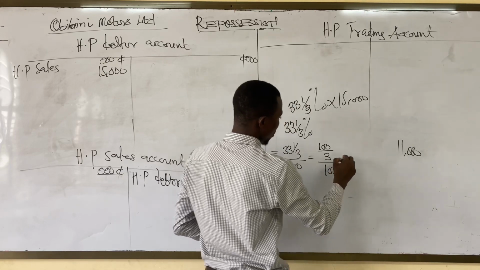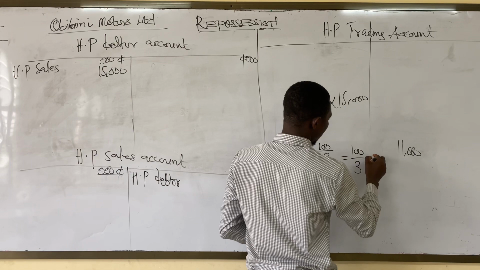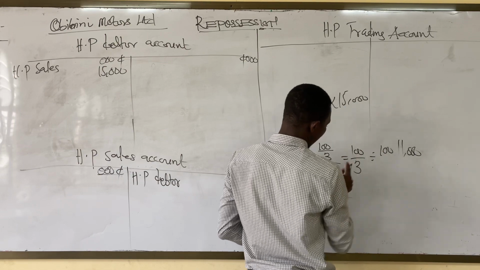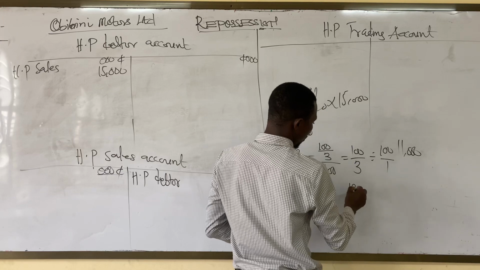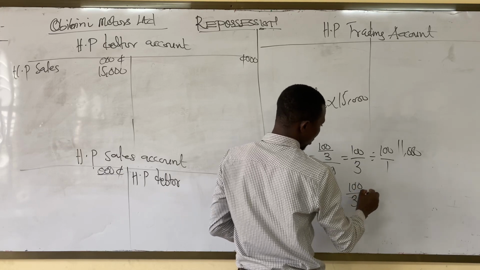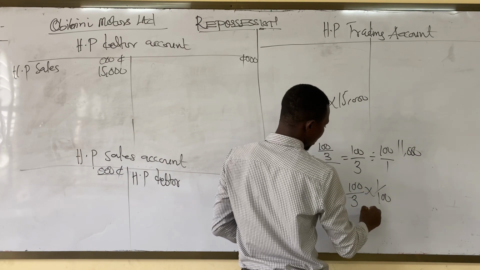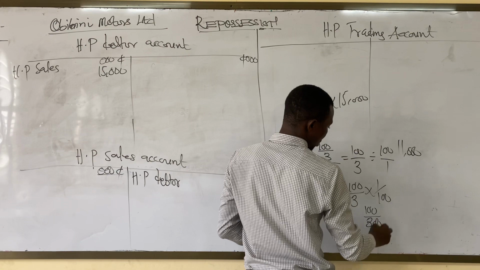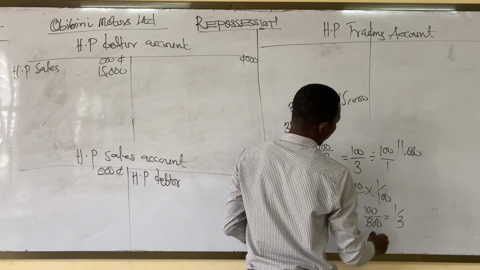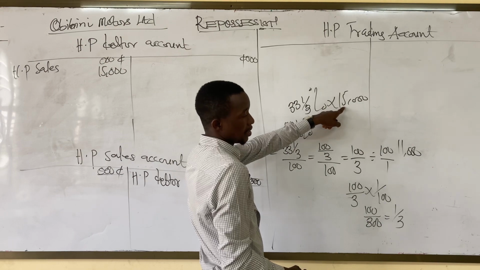And this can also be written as 100 over 3 divided by 100. Any number standing alone is over 1. So this can also be written as 100 over 3 multiplied by 1 over 100. We multiply this to get 100 divided by 300. So that is 1 over 3. So it means that 1/3 of this amount represents the deposit.